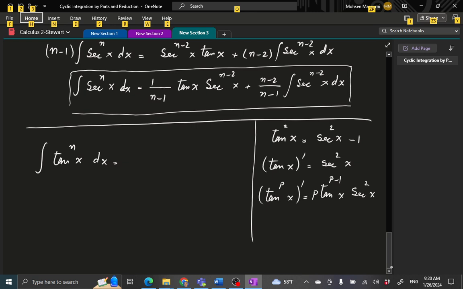And just to rearrange this, if I put the p on the left hand side, 1 over p of the derivative of tangent to the power of p of x is just tangent to the power of p minus 1 times secant square. We're going to make use of some of these things.